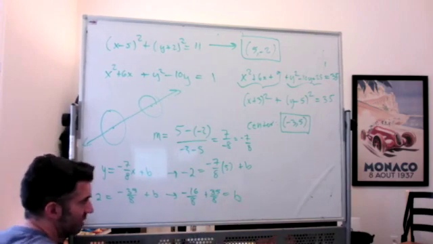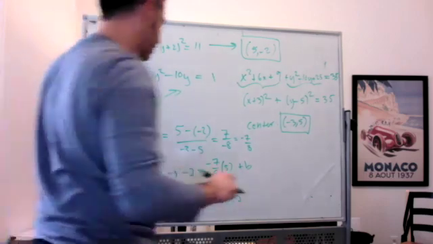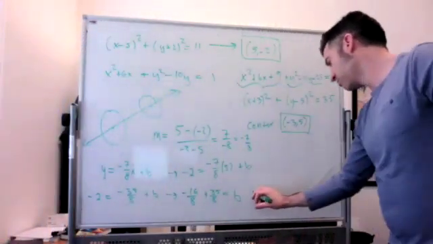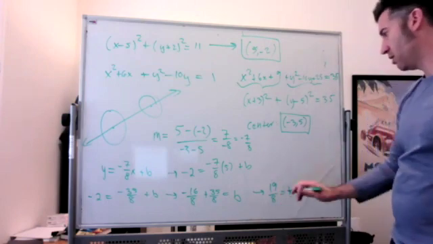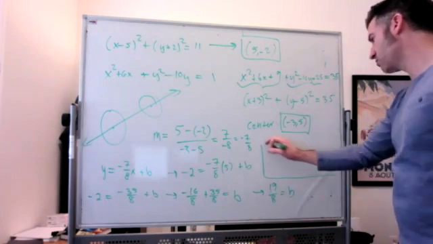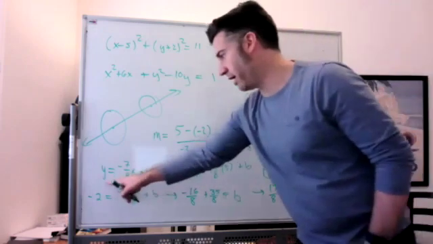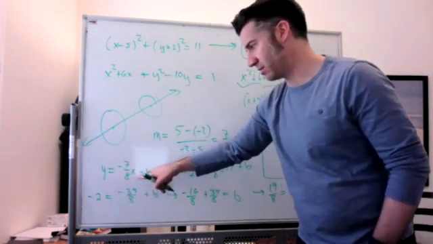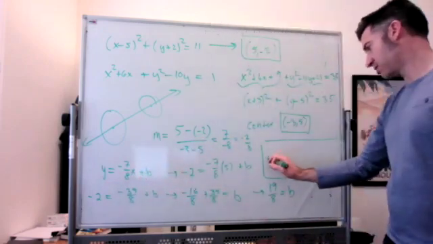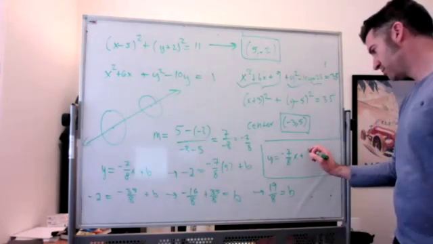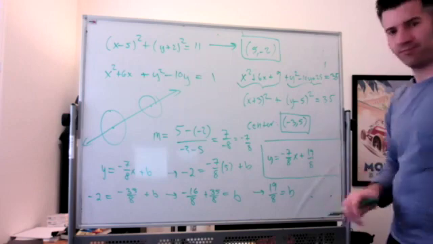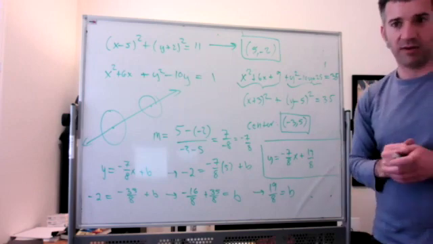So -16 plus 35 is 19, so 19/8 is equal to b, which means the equation of our line is y = -7/8 x + 19/8. That's how we do that.